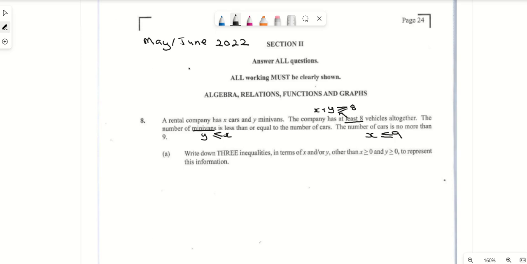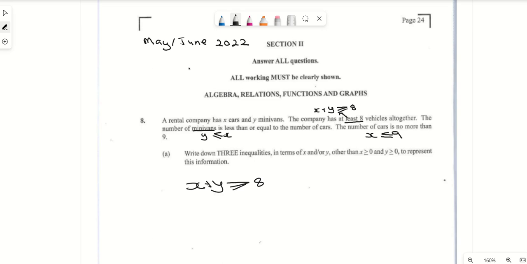And then they said write down the 3 inequalities in terms of X and or Y other than these two, which is X is more than or equal to 0 and Y is more than or equal to 0. So the 3 inequalities we already did: X plus Y is more than or equal to 8, which means for the least amount they have 8, the combination of these two, right?